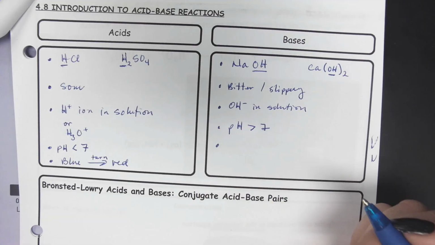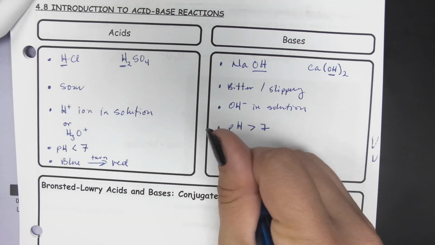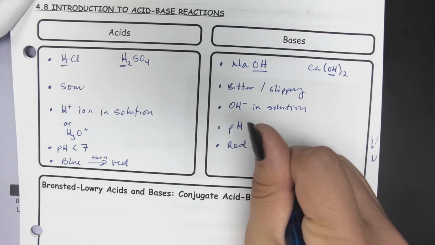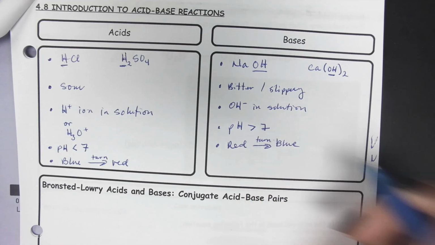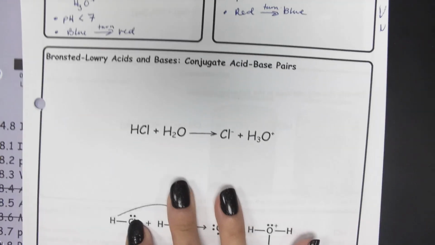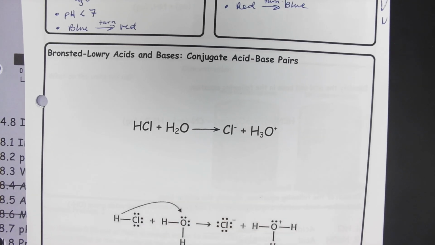Then they do the opposite with the litmus paper. If I have red litmus paper and I put a drop of a base on it, then it turns that blue. Great. All right, now that's our basic definition of an acid and a base.